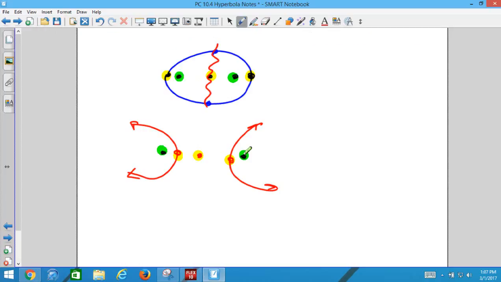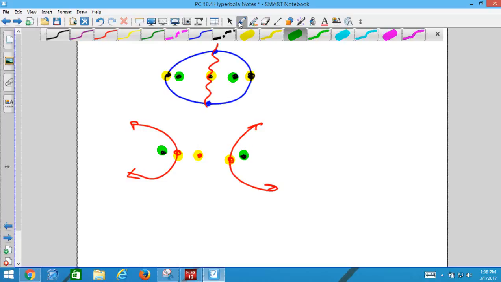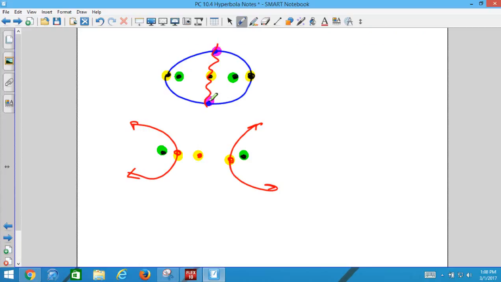It's not a closed figure anymore, and so the formula for finding the foci is different. And then the other value was these minor vertices. Well, when I break it apart, they're not there anymore, because they were connecting the ellipse, but when I break it out, it's not there. But this will be a reference of how wide or how long the space is. You'll see in a moment, but it has to do with the asymptotes that we will be doing.